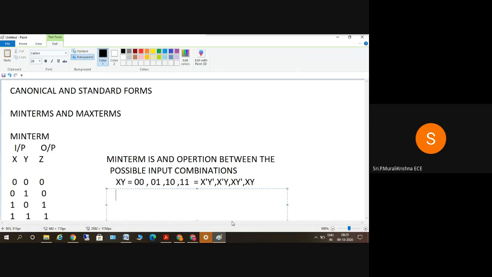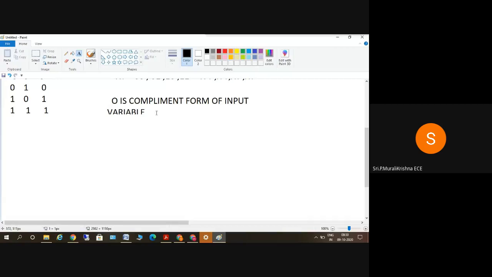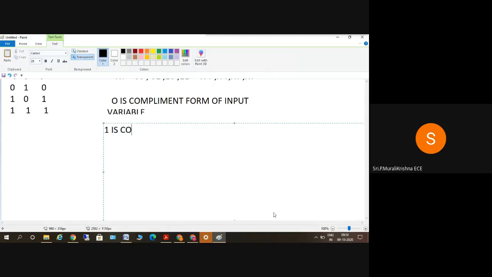Here 0 is considered as the complement form of the input variable, and 1 is considered as the normal form of the input variable.